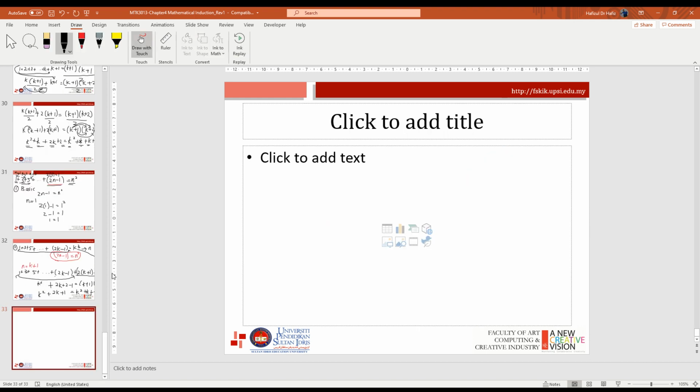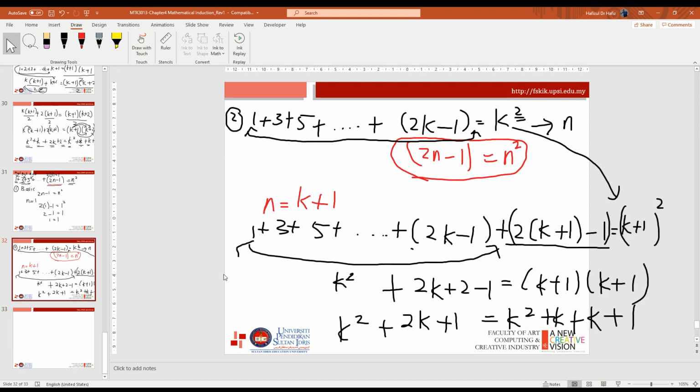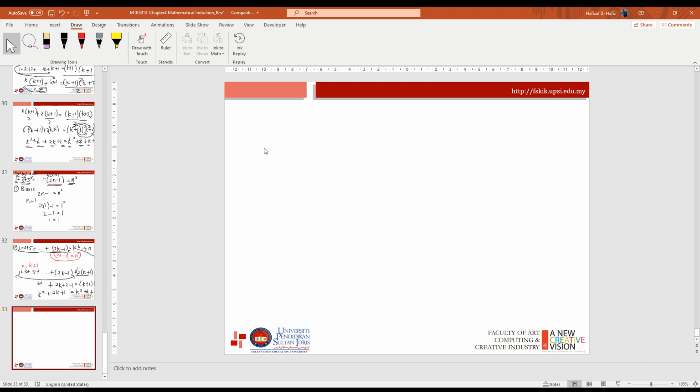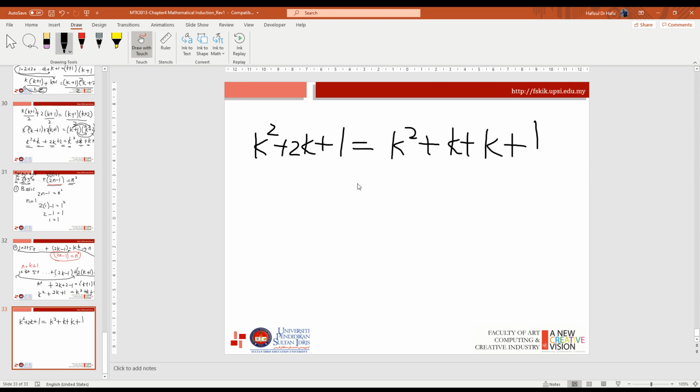Okay, so from here we got k power of 2 plus 2k plus 1 tadi plus is equivalent to k power of 2 plus k plus 1. k power of 2 plus 2k plus 1 sama lah. Same.